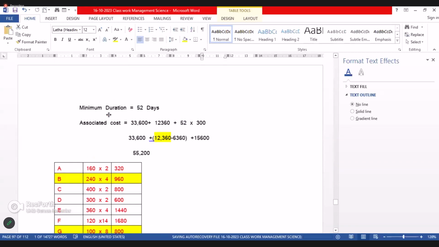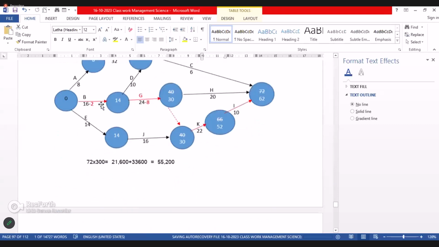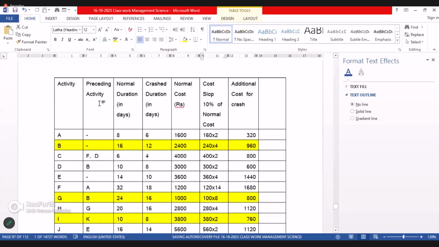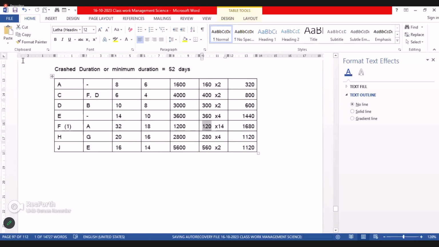It is the lowest one. J is the highest one, sir. Which is the highest one? J. J is the highest one. Okay, then we put it as a 1. Which is the second highest?